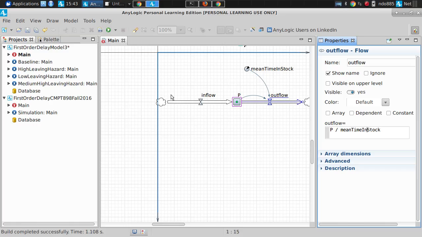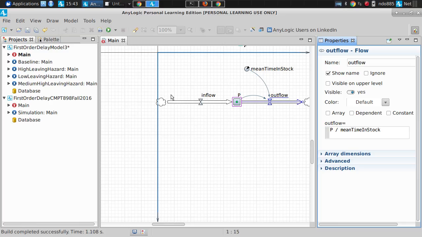If you're specifying in terms of per day chance of leaving, per day chance of leaving being alpha, the outflow is alpha times P. If you're specifying in terms of mean time in the stock, the outflow is P divided by tau. And, ladies and gentlemen, the mean time in the stock is always 1 over the chance per unit time of leaving the stock.